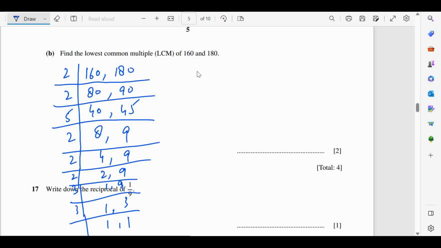So finally we will have 2 multiplied by 2 multiplied by 5 multiplied by 2 multiplied by 2 multiplied by 2, these 3 2's. Then we have 2 3's.